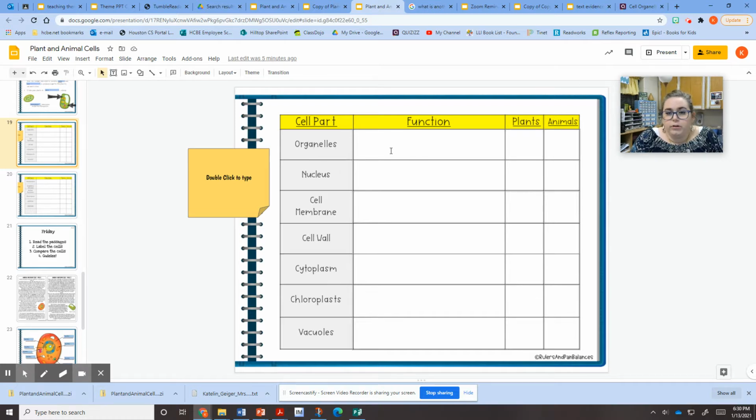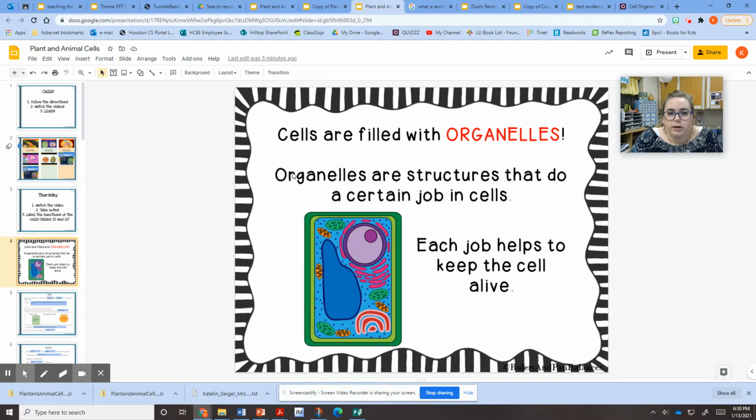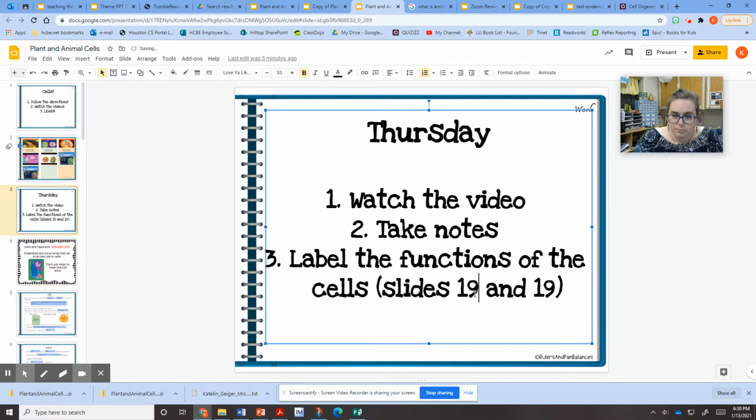And so you're going to see organelles. We need to know its function. So I'm going to go up to my slide that says organelles. And organelles are structures that do a certain job in cells. Each job helps to keep the cell alive. So the function of an organelle, let me change this before I forget. Sorry, guys.